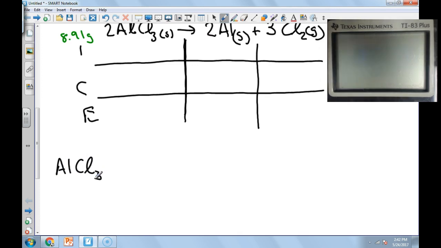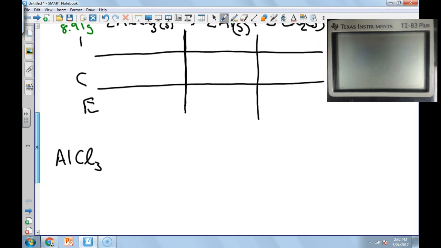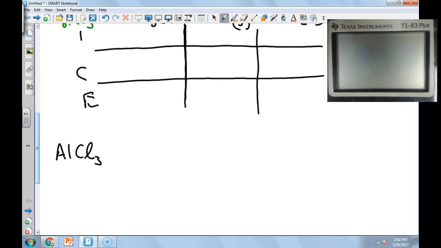So here I have AlCl3, and keep in mind that whenever you put numbers into a stoichiometry ICE chart, you have to convert them to moles. That's actually rule number 1, convert to moles. We can't put grams in here. We have to convert that to moles. How do we convert grams to moles? We have to use molar mass.